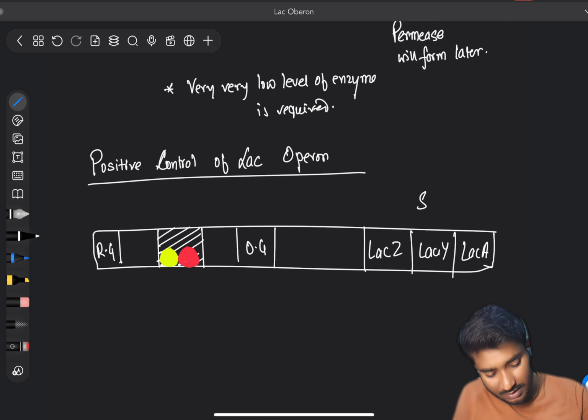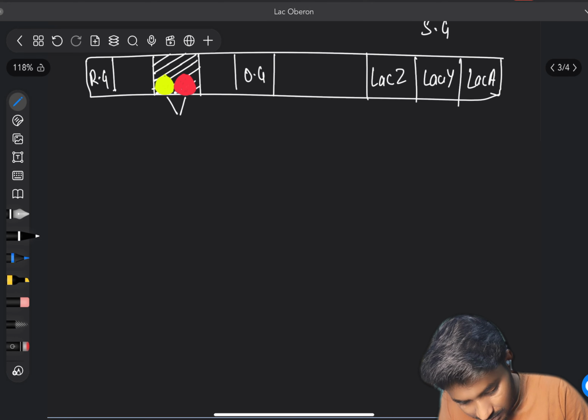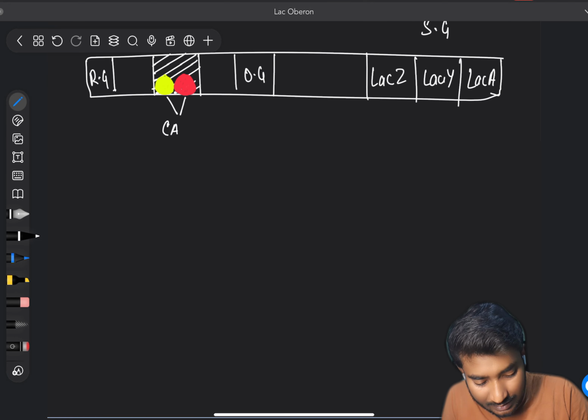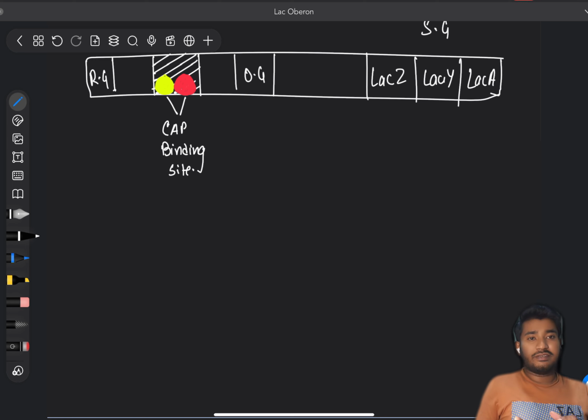Okay, this is the structural part. Now what happens? This is the CAP binding site. So this red and yellow is the CAP binding site.